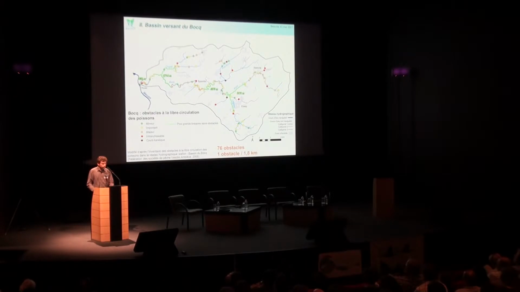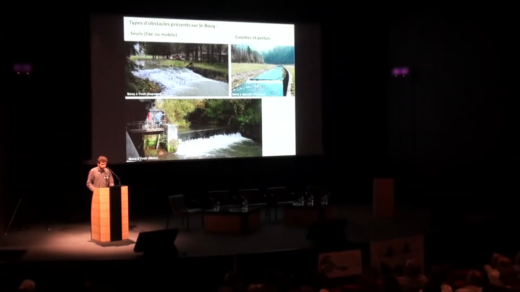We have 76 barriers on this section, which we have distributed and color-coded, with the green being the minor obstacles, and the dotted green line the long sections without obstacles. You can see the obstacles for the fishes and the sediments. That's about one obstacle every 1.8 kilometers. So they're mostly small weirs between 1 meter and 3 meters high.